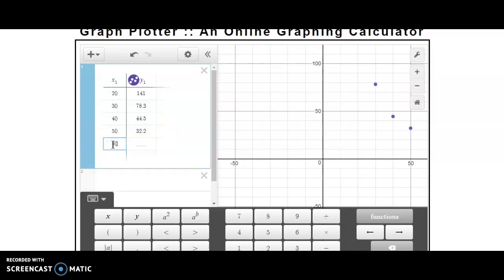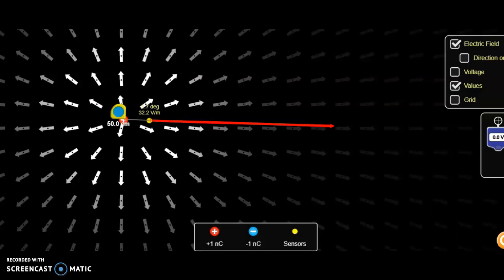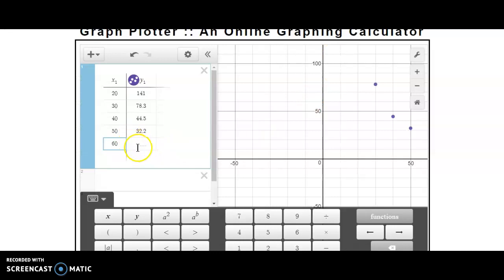If it is 60, you should start to see what the relationship is, direct or indirect. It gives us 21.